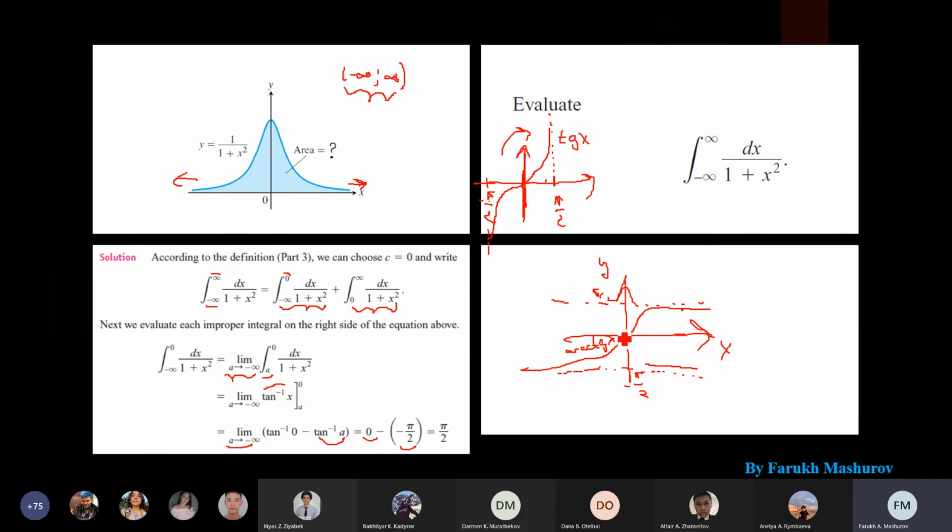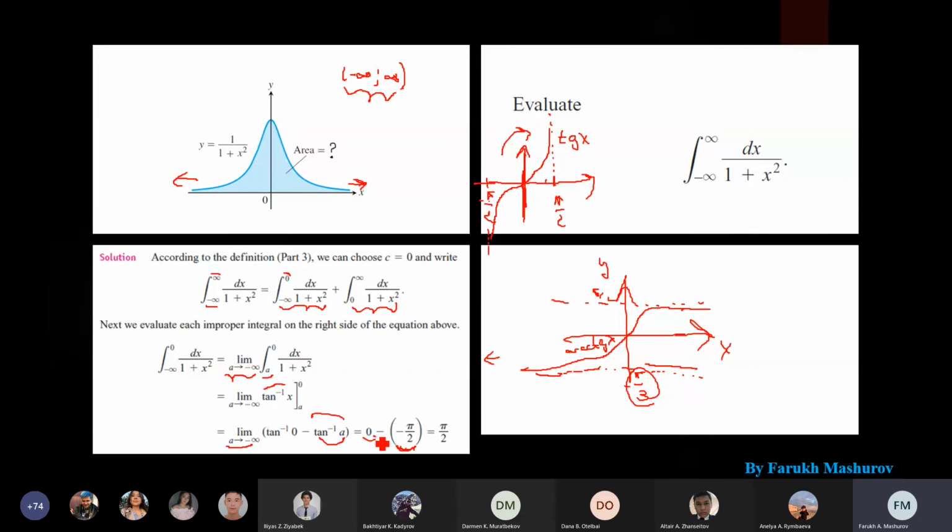And as you see, in the case of arctangent, if our x approaches minus infinity, our graph approaches minus pi over 2. So the limit of arctangent a when a approaches minus infinity will be minus pi over 2.